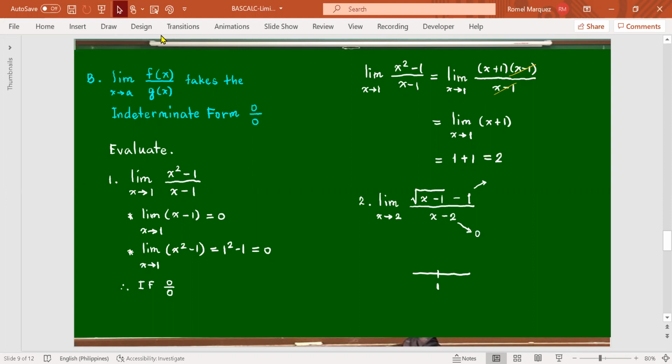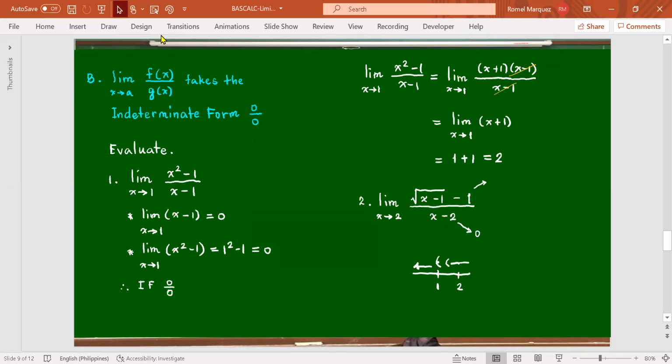Going to the left nitong 1, undefined na yung function. So, from here, I cannot go anymore to its immediate left. Pero kung nasa 2 ako, meron pang open interval, na makakapunta ako to its immediate left and immediate right.